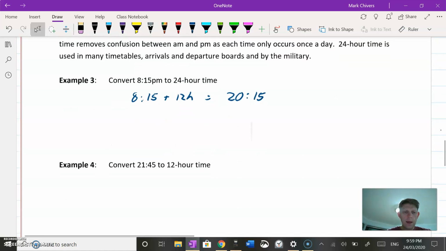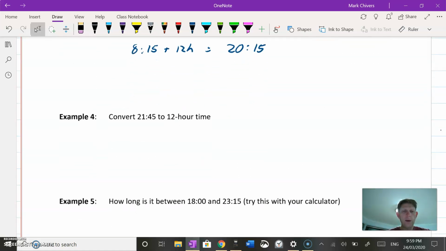Okay. And going back the other way, we're taking 12 off. So 21:45, take away 12, will give us 9:45. And obviously in this case, we want to put the answer as PM, because we're going to more traditional time where it's expressed as AM and PM.